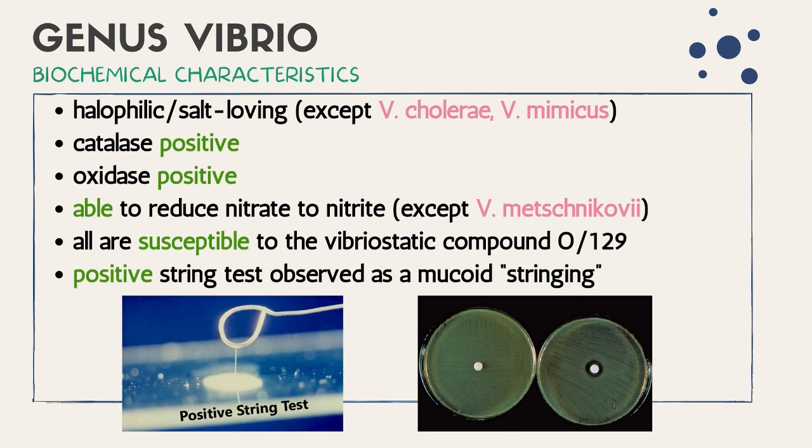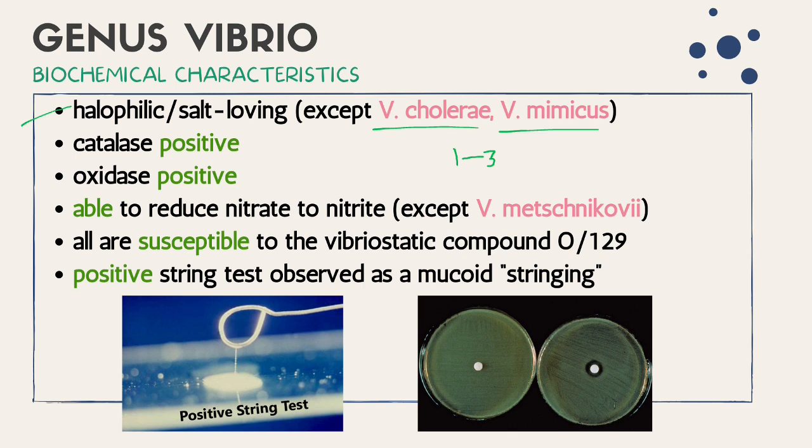Here are some biochemical characteristics for genus Vibrio. Some species under this genus are halophilic, or salt-loving, except for Vibrio cholerae and Vibrio mimicus. With these two species, they can only tolerate at least 1 to 3% of salt, or sodium chloride.